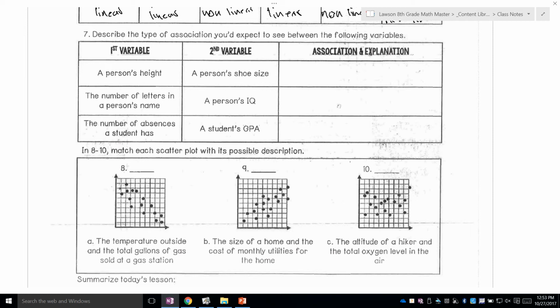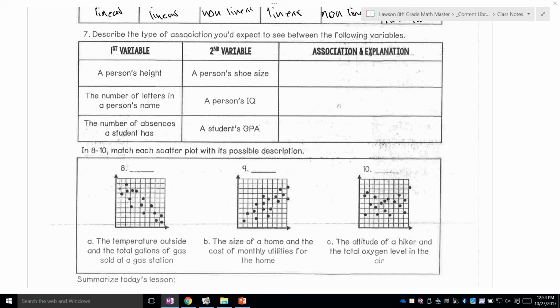If we think about it, think about all of those tall people like Mr. Spatero that's next to my class. The bigger the person is, the bigger their shoe size is going to be, right? Since that's going to have to be a big person to have a tall height, that shoe size would also have to increase.